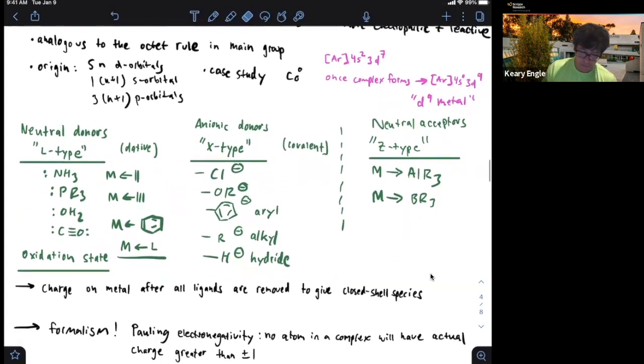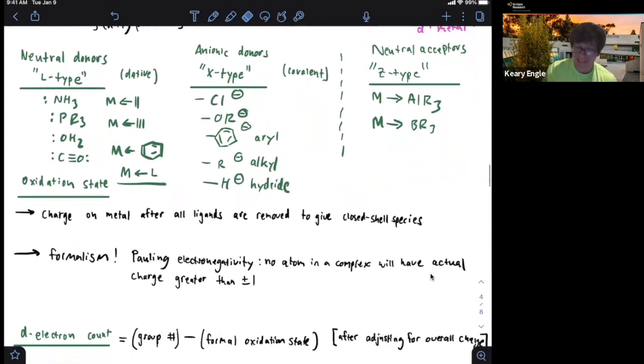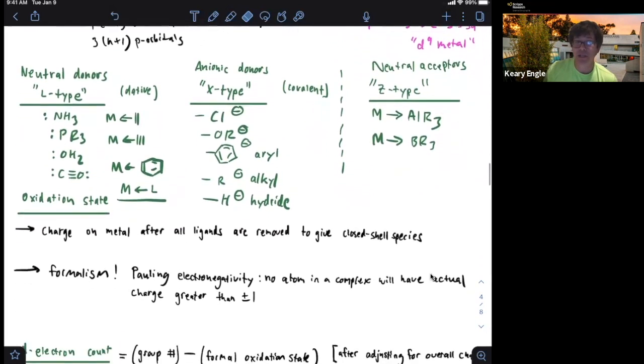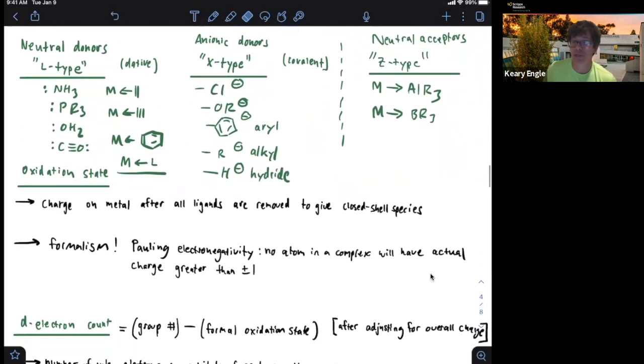Okay, so for electron counting, we need to define different types of ligands that you will encounter in the course of your electron counting adventures. And there are 2 predominant flavors and then 1 more exotic flavor that we'll review very briefly. The first are so-called neutral donors, which we will call L-type ligands in this class.